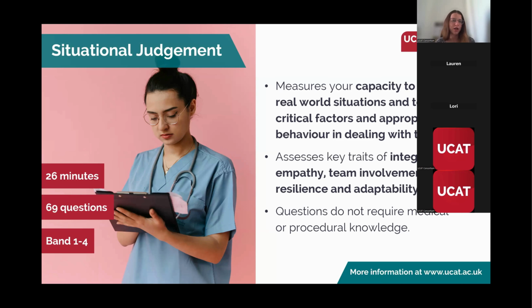You don't require any medical or dental procedural knowledge, but we do say if you read the General Medical Council guidelines on good medical practice, this describes the kind of professional values and behaviours that the GMC expect from any doctor registered with them. So this provides a kind of useful perspective on how to answer these types of questions.